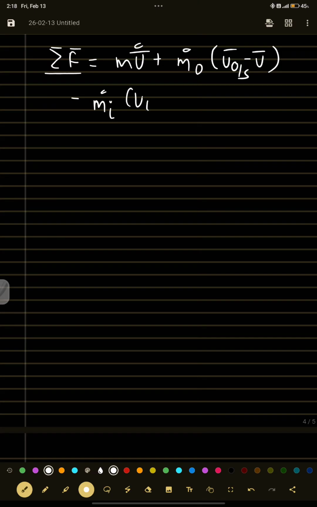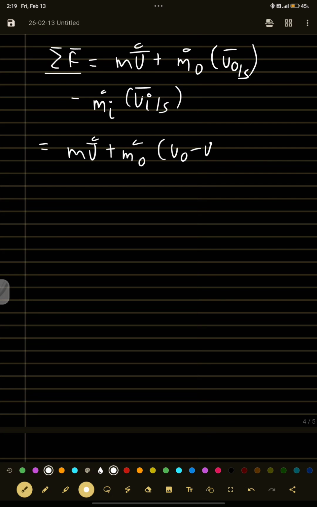Another form of writing this is m dot O into (UO minus V) minus m dot I into (UI minus V). This is just the definition of these quantities.